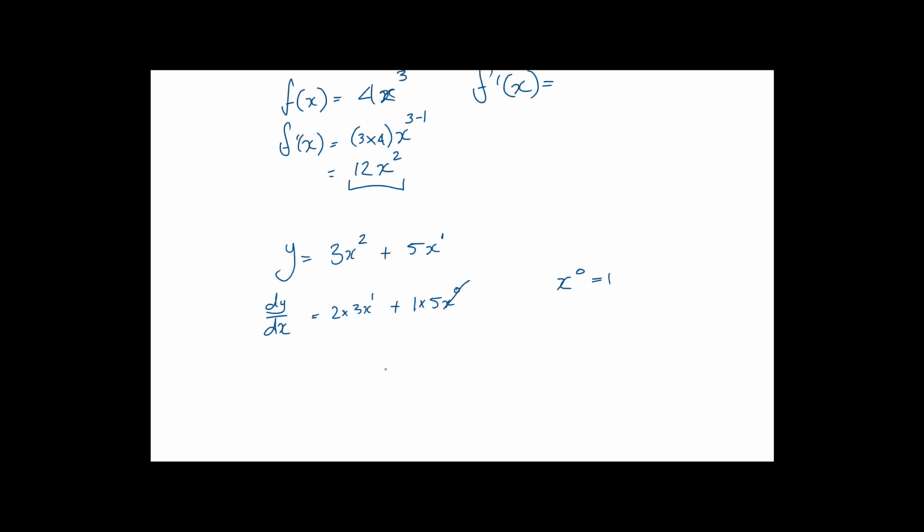So therefore, this is cancelled out. There's no point in saying 1 times 5 times 1. That's just going to be 5. So the end answer here is going to be 2 times 3, which is 6x to the power of 1. We don't need to write the 1. And then it's just going to be plus 5. That x is going to disappear.